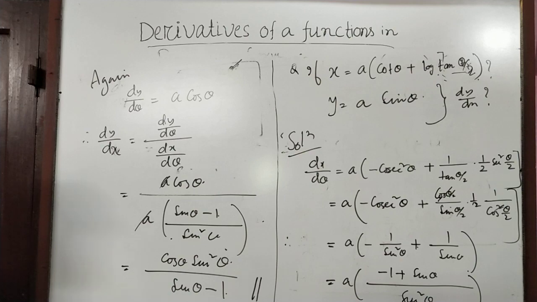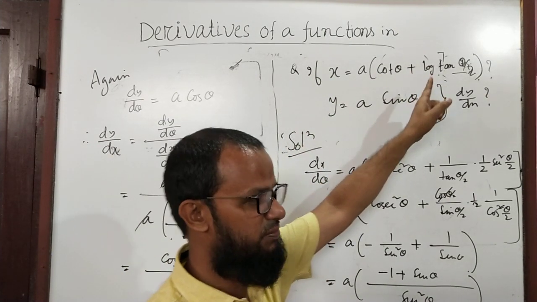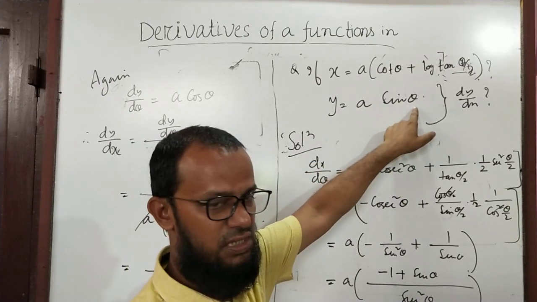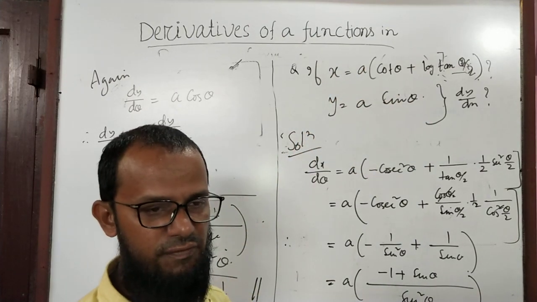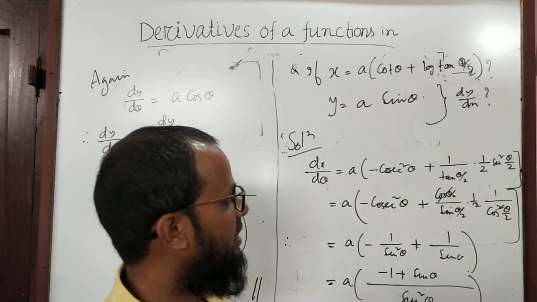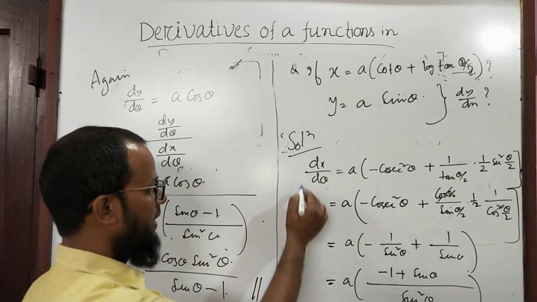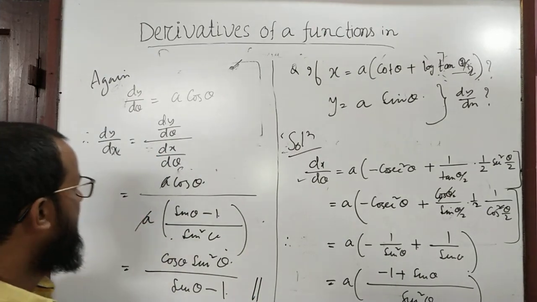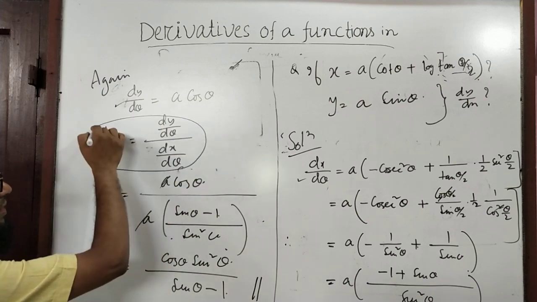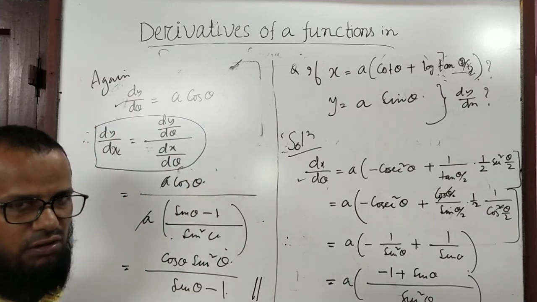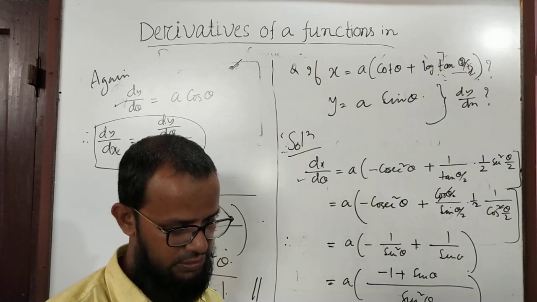I hope these are the easy type of questions. First, x is expressed in terms of some parameter, y is expressed in terms of some parameter, and you have to find the derivative of both x and y in terms of that parameter. Find dx by d theta, then dy by d theta, then utilize this particular formula, apply it, there are trigonometric relations, and you calculate, you will get the result.